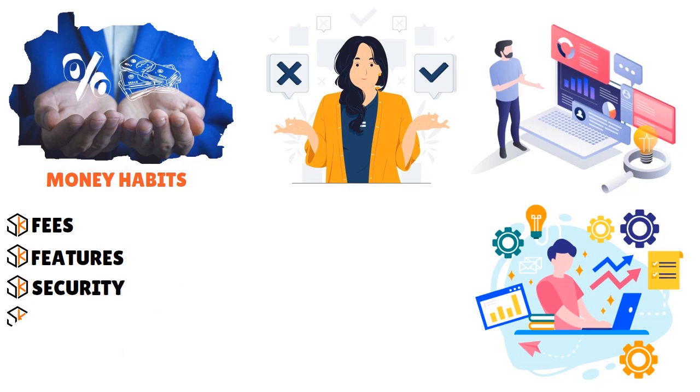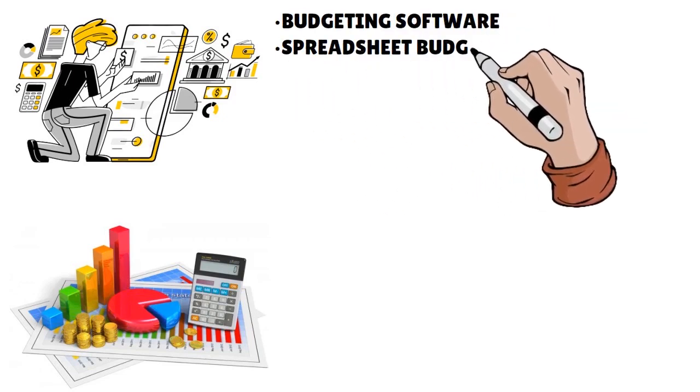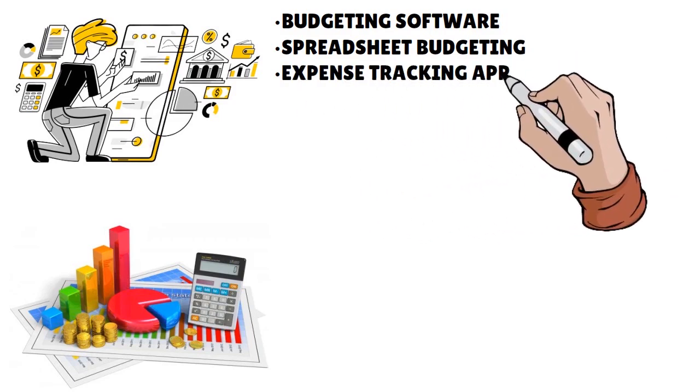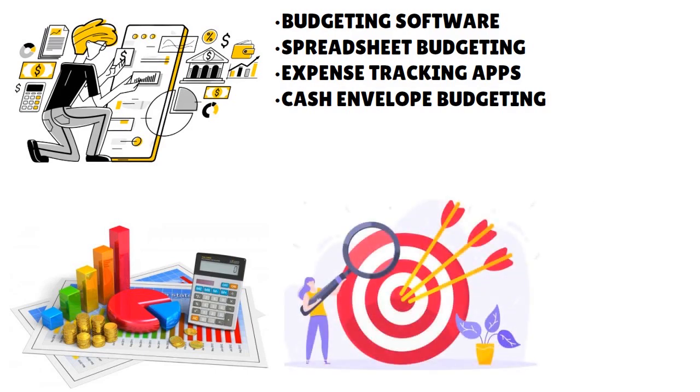Also, think about security as well as customer service. But one thing for sure, remember that you do have alternatives: budgeting software, spreadsheet budgeting, expense tracking apps, cash envelope budgeting. You have a lot of possibilities depending upon the goals that you have.